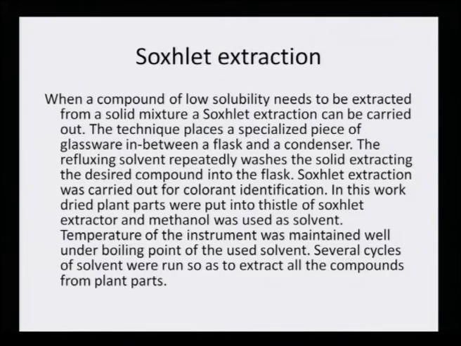So, you see that the choice of solvent in the case of Soxhlet is popularly methanol. First thing. Second thing is that repeated cycles need to be done, because it is not possible to extract the entire amount of colorant in one cycle. Therefore, it requires almost 4 to 8 hours for the solvent to go on refluxing and then condensing, and every time the solvent is condensing, it is washing through that filter paper and back into the round bottom flask.